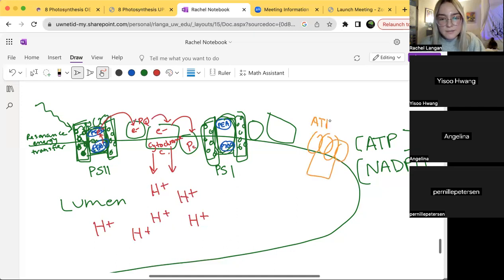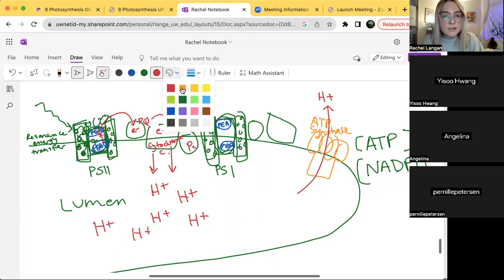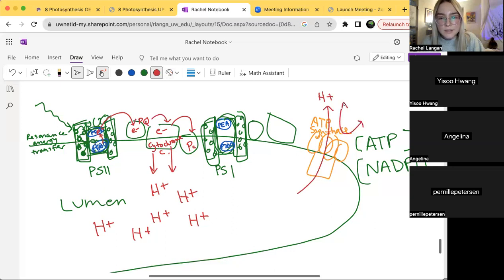And that's great because there is another protein over here, ATP synthase, that uses the hydrogen concentration gradient to power the synthesis of ATP. So protons are going to move down their concentration gradient from high to low through ATP synthase, and that creates a proton motive force that powers ATP synthase to turn ADP into ATP.